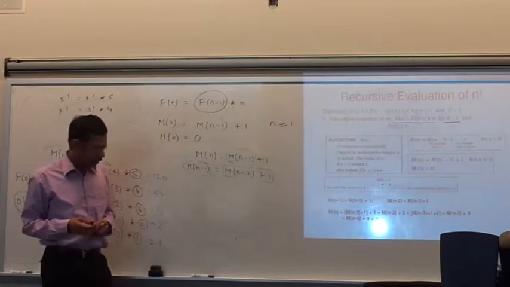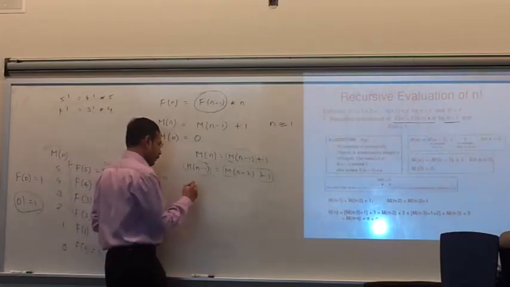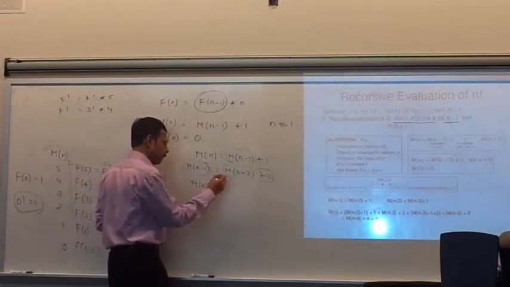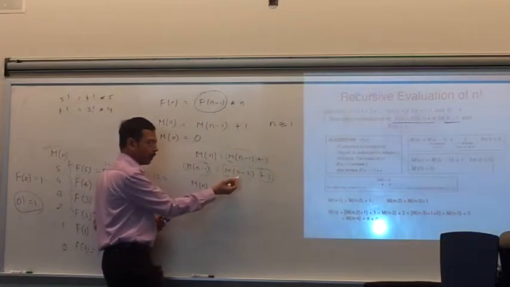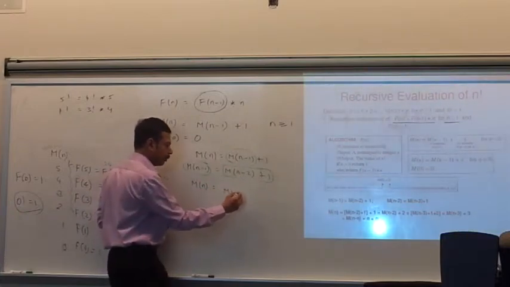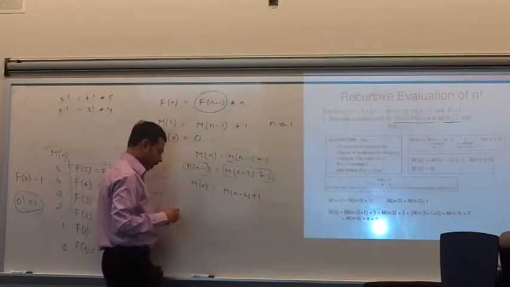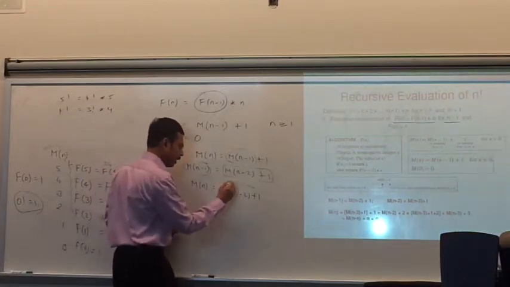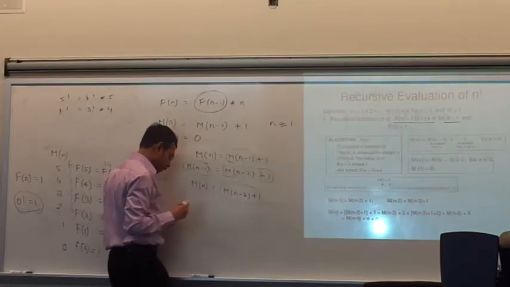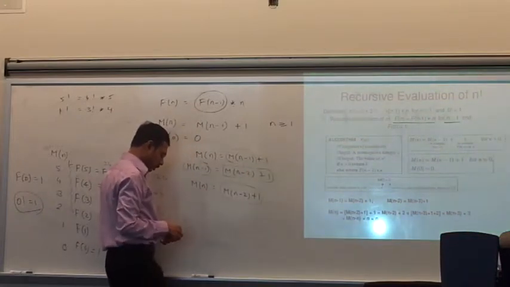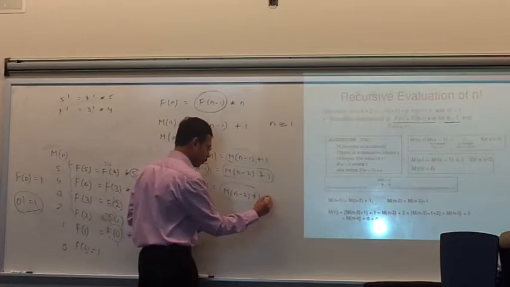And I can write m of n is m of n minus 1. I'm going to substitute m of n minus 2 plus 1. So that's the term substitution for m of n minus 1. And then don't forget about this plus 1 that is out there. So that will basically be plus 1.